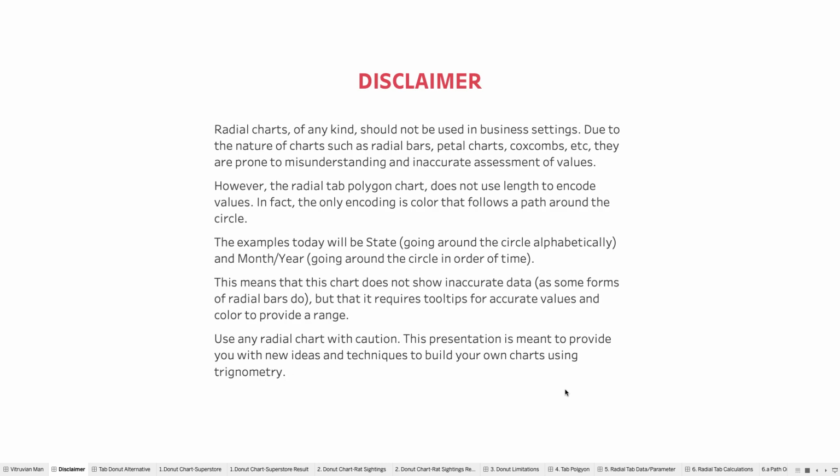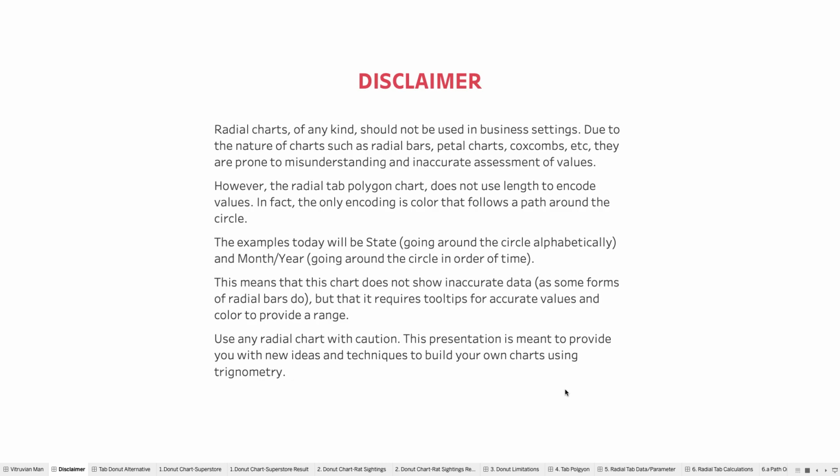In this case, we're just encoding color, and it's just organizing or sorting around a circle instead of up or down or left or right. So the data is actually accurate using this. But again, it's definitely harder to compare things and do some of that type of analysis.